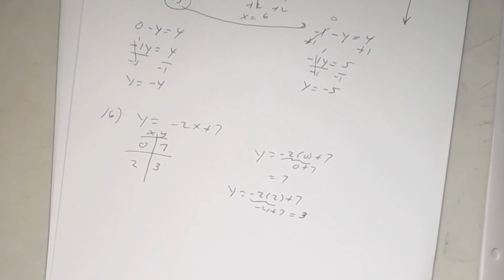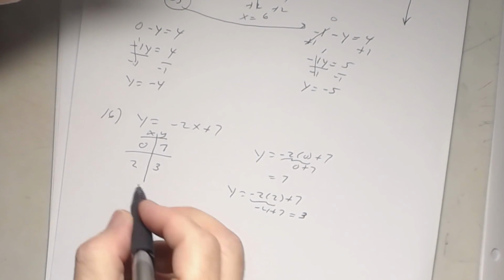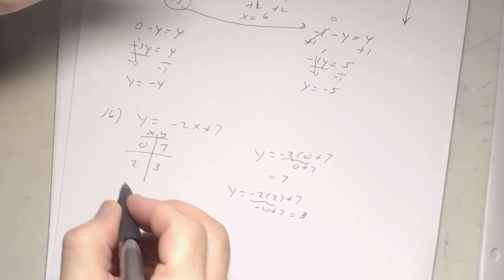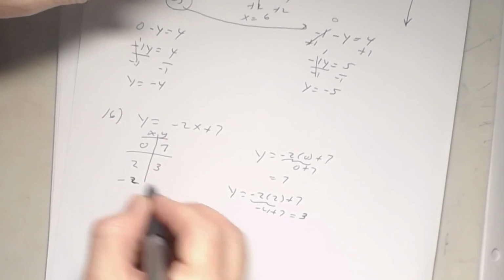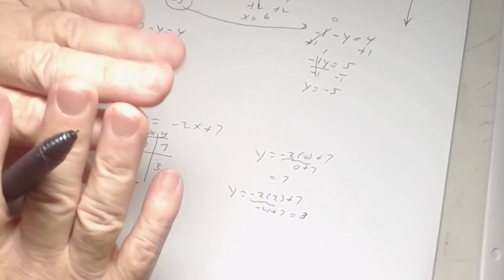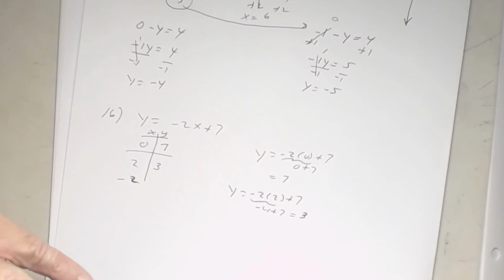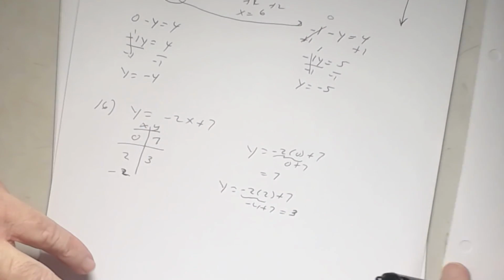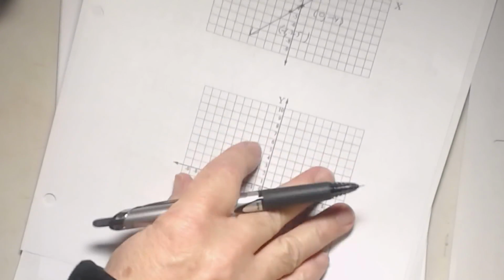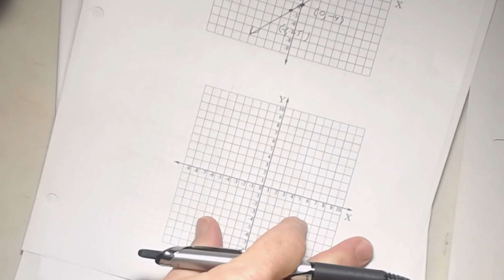Now give me a negative value for x. Okay, -2. Now, you don't do something like -10, and the reason is because when you go to your grid, it's not going to fit in here. So use numbers that are going to fit within the grid that you're given. Is that clear?